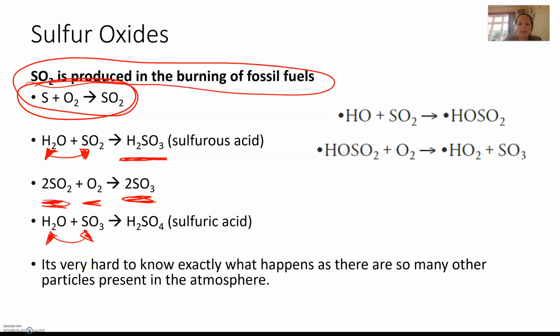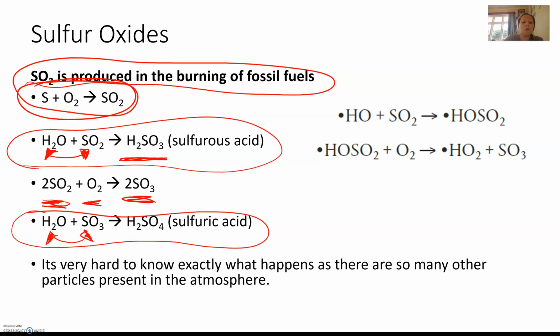Personally, I think it's quite easy to learn these two equations in particular, that if you add water to either of them, you get H2SO3 or H2SO4, sulfuric acid. And these acid particles are what reduce the pH of acid rain, making it classed as acid rain.